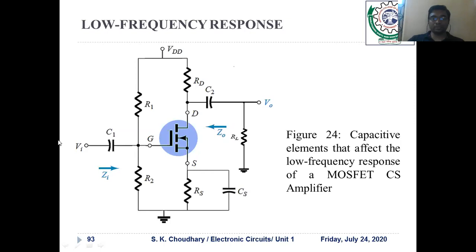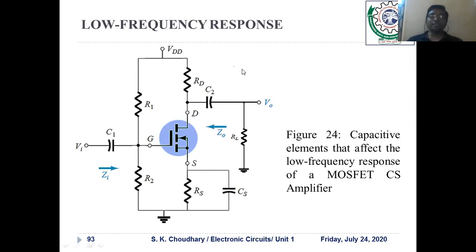So this point we have taken at the last minute, low frequency response, and I hope all of you have drawn this circuitry. This would also come in learning for today's lecture.